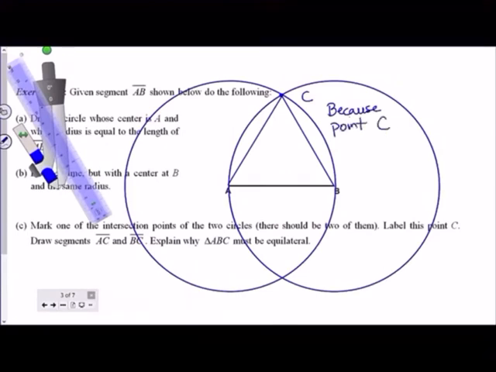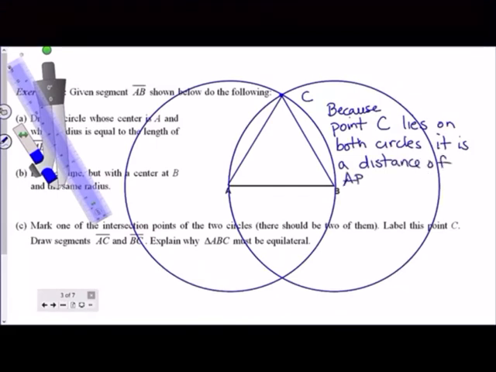Because point C lies on both circles, it is a distance of AB away from both A and B.